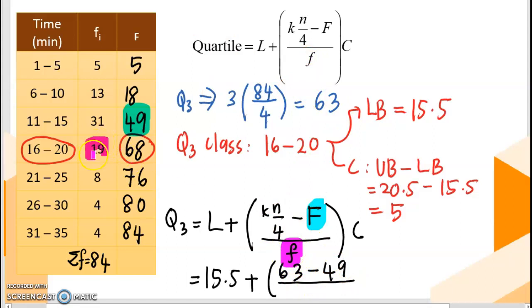Its frequency will be 90, and its class size will be 5. 16.24 is our third quartile.